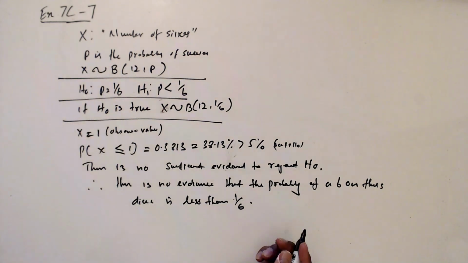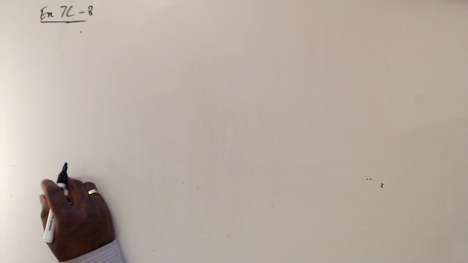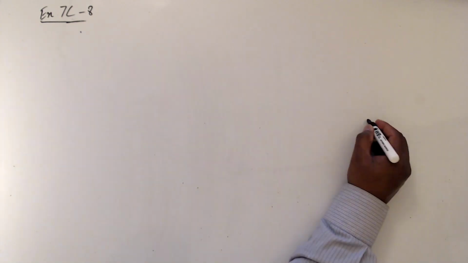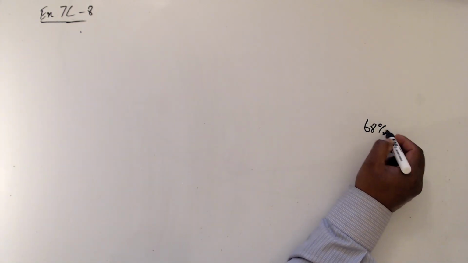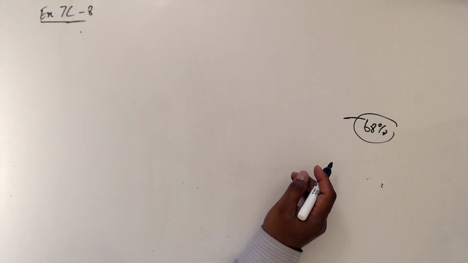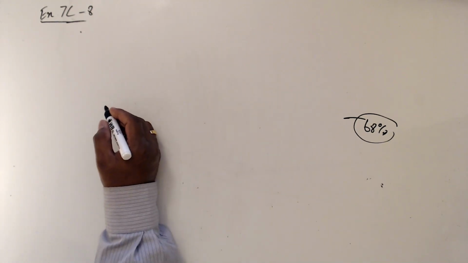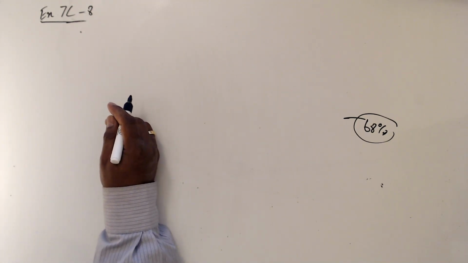Question number 8. The success rate of standard treatment for patients suffering from a particular skin disease is 68%. So this 68% is population data. In general, the treatment has a success rate of 68%. Question A: in a sample of n, X is the number of successful treatments. Write down a suitable model.